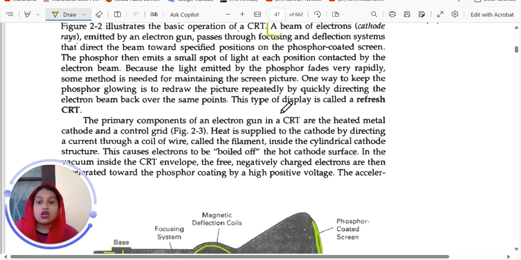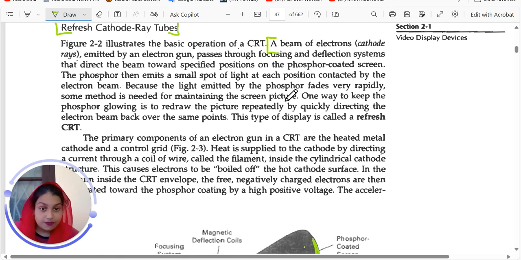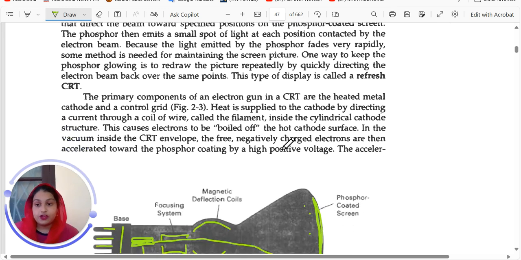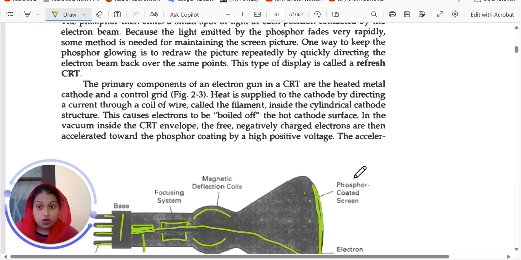Because the light emitted by the phosphor fades very rapidly, some method is needed for maintaining the screen picture. So this does not last for long, it will fade very rapidly. For that, to keep the phosphor glowing, we have to redraw the picture repeatedly by quickly directing the electron beam back over the same point.